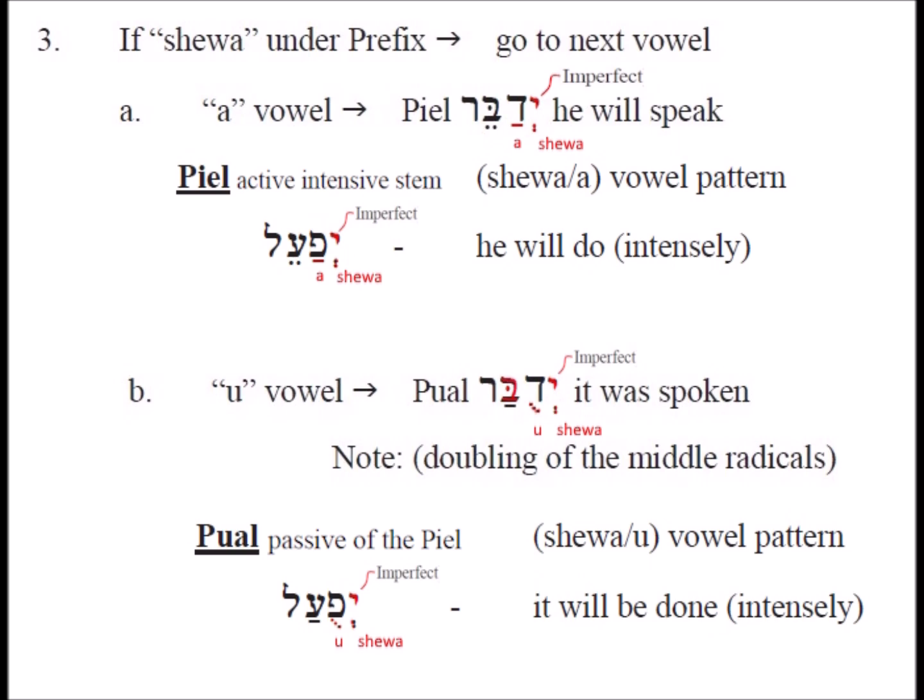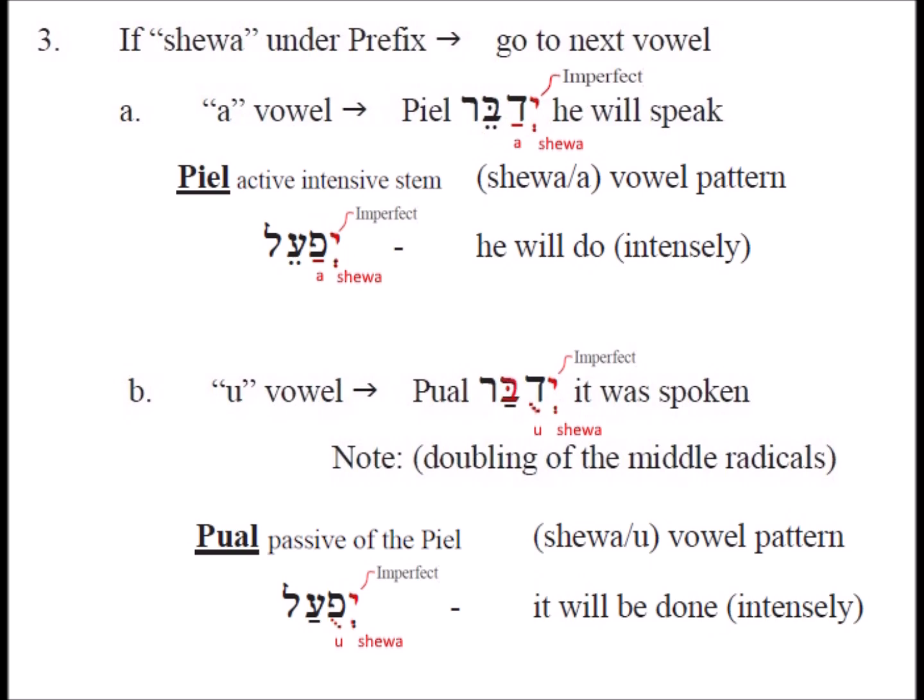So you have a shva followed by an A vowel, and we would translate it, he will speak. If you have a shva followed by a U vowel, a qibbuts, yedubbar, we would translate it, it was spoken.